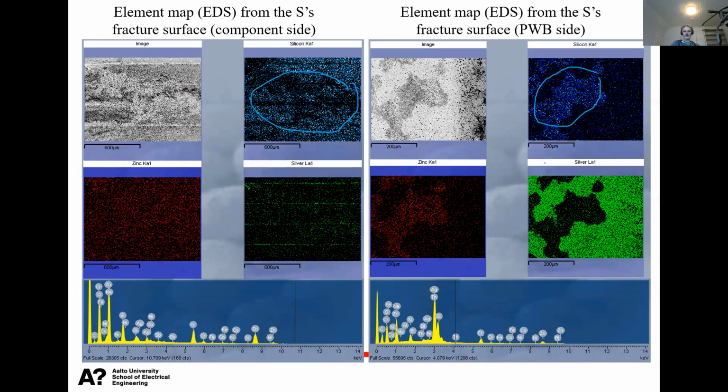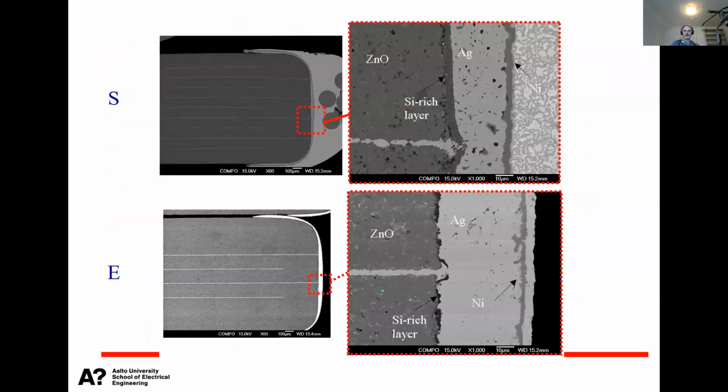So now we can finalize this lecture by going back to here. If you find a failure where both fracture surfaces contain silicon, the only option is that the fracture goes somewhere here, like that. And instead, in this one, where we have a much thinner silicon-rich layer, the failure went somewhere here inside the bulk.